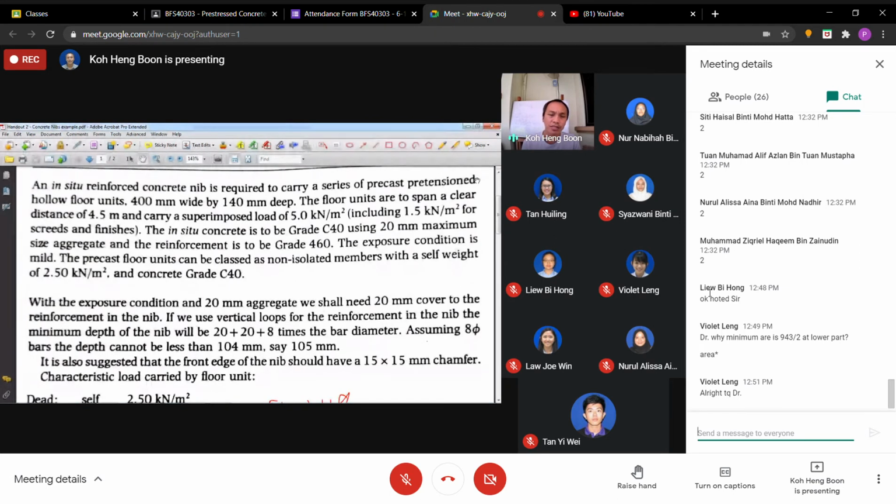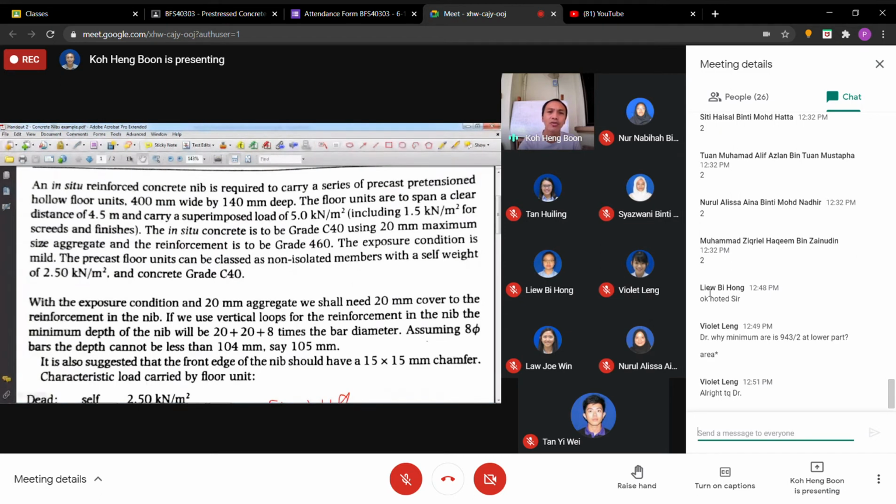This exposure condition is used to get the concrete cover and so on. The precast floor units can be classed as non-isolated members with a self weight of 2.5 kilonewton per meter square and concrete grade C40.